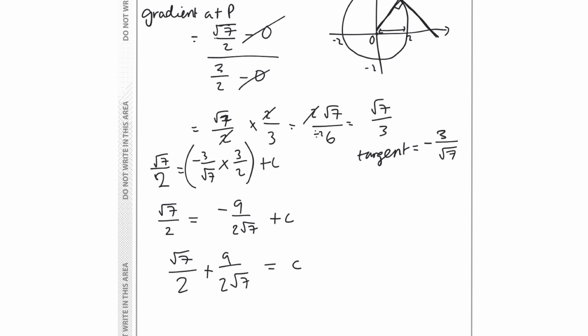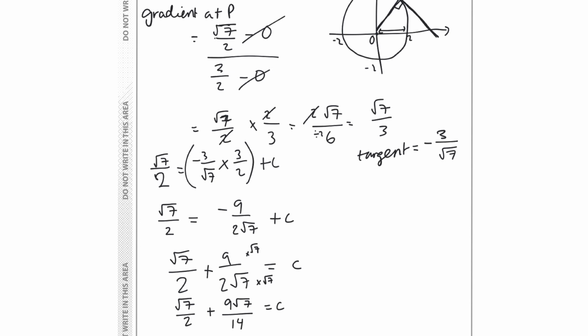But if you don't know how to do that, another way is we can rationalize these two surds. For the first one, root 7 over 2, that's not going to change. But for the second one, to rationalize, we're going to times the top and the bottom by root 7. You'd end up with 9 root 7 over, so root 7 times root 7 is 7, 7 times 2 is 14, equals c.